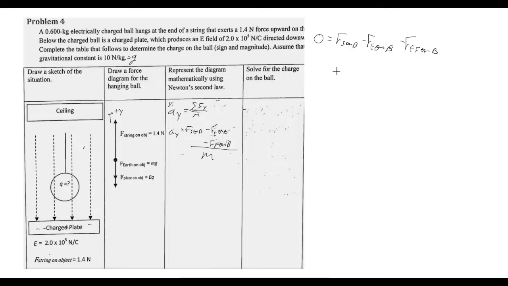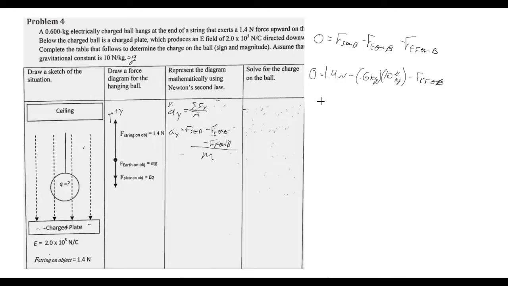Now, here's a thing I want to point out. You'll notice that the force of the string on the ball we already know is 1.4 newtons. The force of the earth on the ball is just going to be mg, where the m is 0.6 kilograms, and g is our 10 newtons per kilogram, minus the force of the E field on the ball.